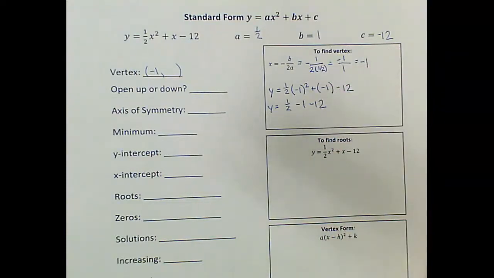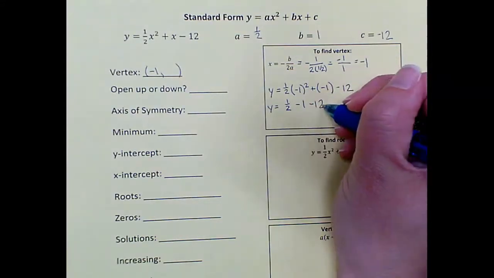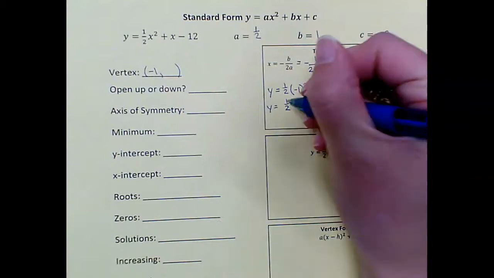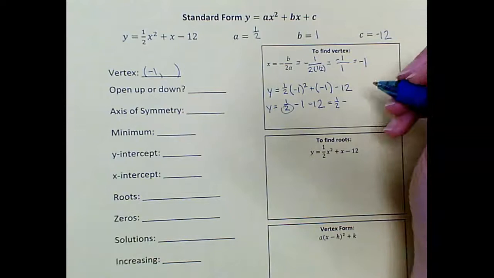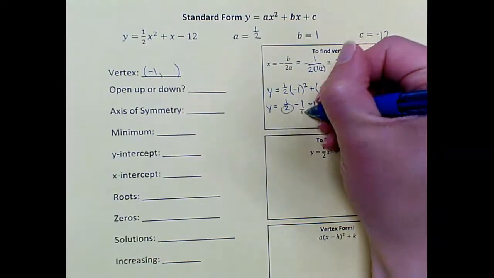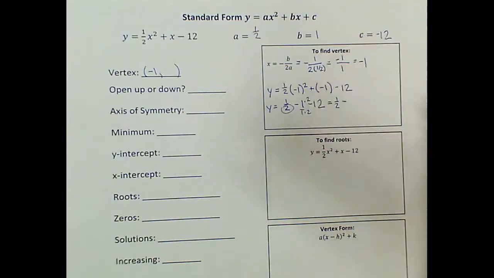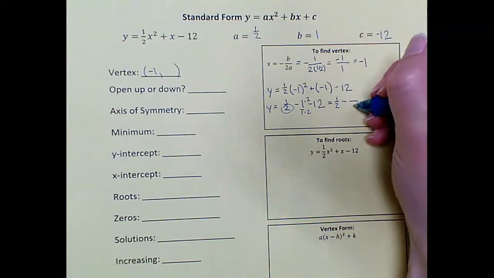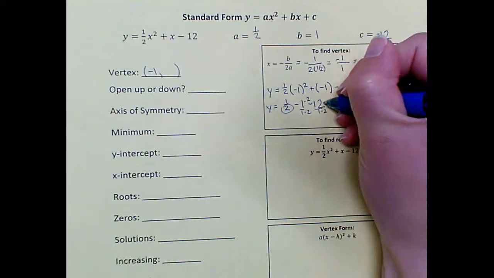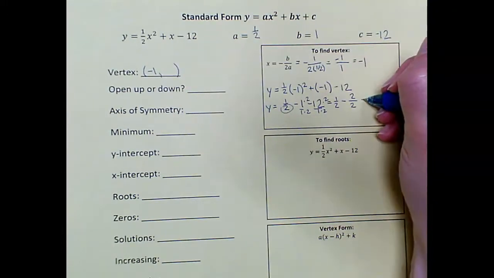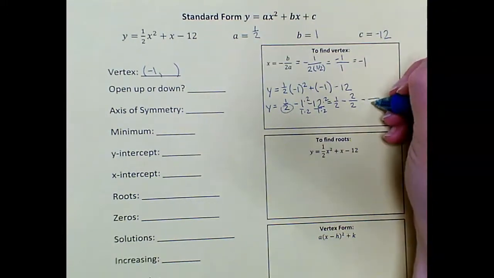I can't subtract numbers if one of them is a fraction and the other are whole numbers. I need a common denominator, so I'm going to make denominators of 2. So I have 1/2 minus, I want to put this over 1 and make those denominators 2. So 2 over 2. And then again, with the 12, I need something over 2.